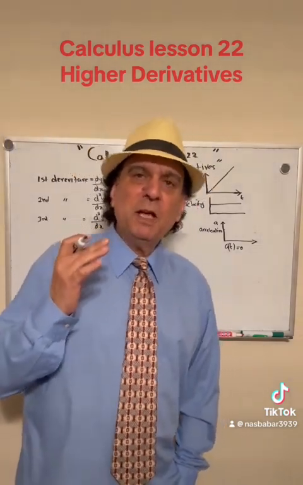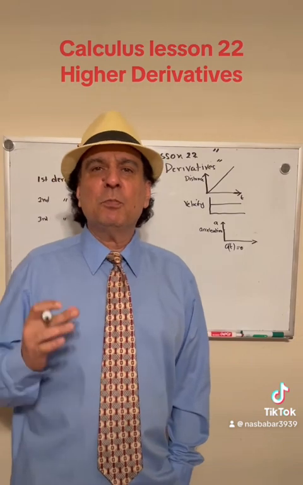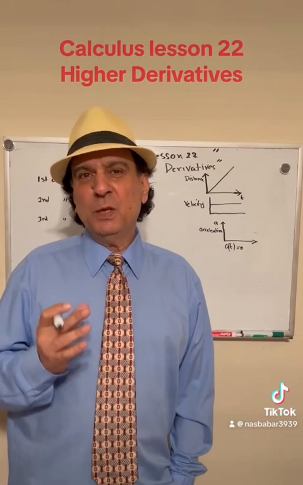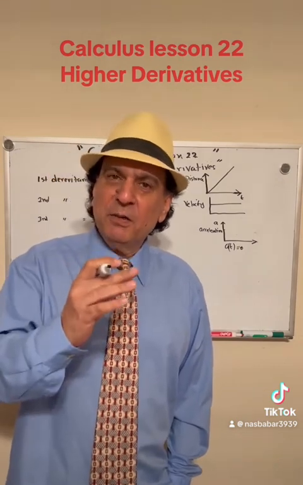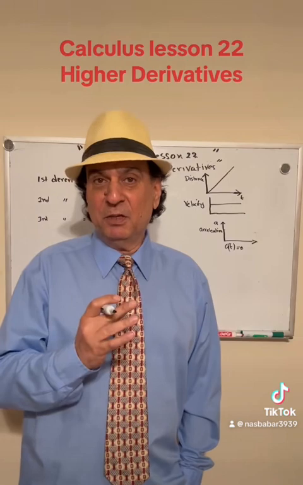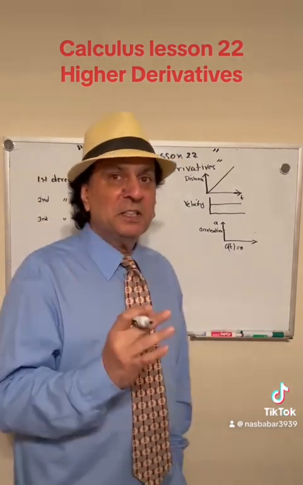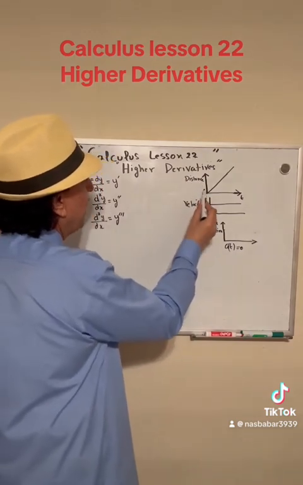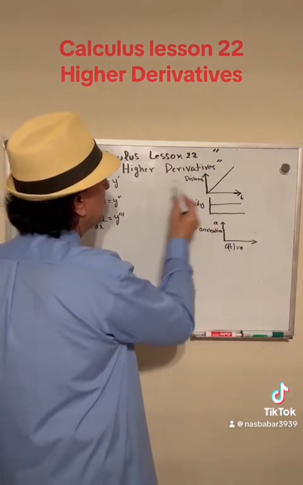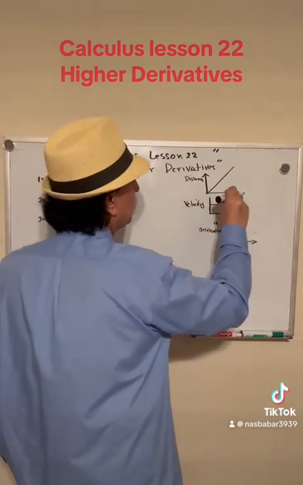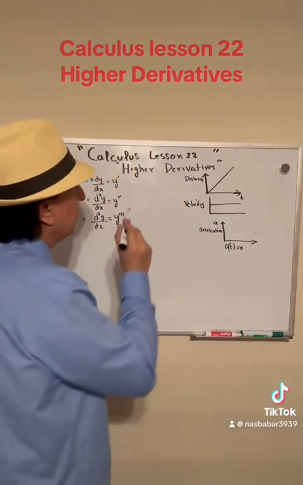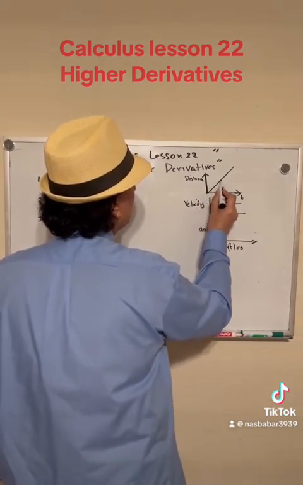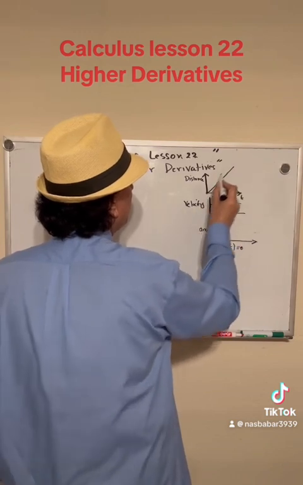Now let me ask you this. I don't know if you recall from my first lecture in calculus, I gave you an example of the first derivative, second derivative, and third derivative. When I started calculus, I said look at this right here. You have the y-axis, which is distance, and the x-axis, which is time. As distance changes with respect to time, this is what my line is going to look like.